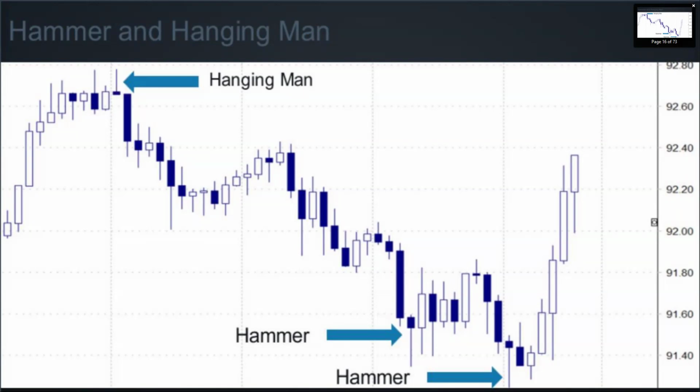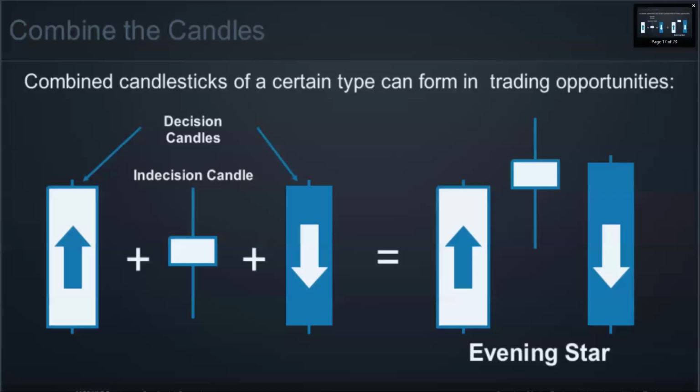Okay, so what we'll be dealing with are candlestick patterns that move the market, but they are single candlesticks.